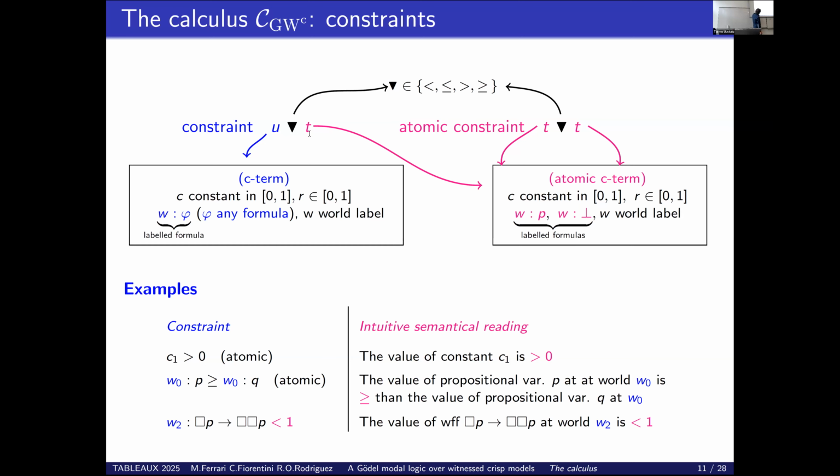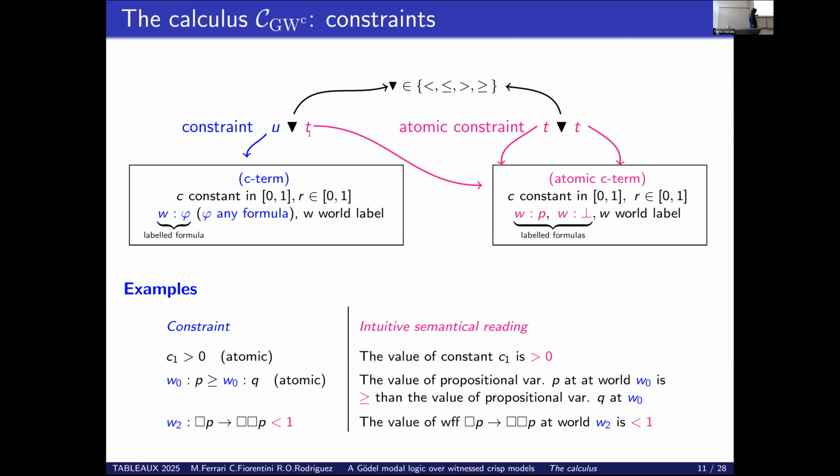Then the semantics of constraints. Let us see the case, for example, of atomic formulas. We have that a constraint like P at W0 is greater or equal to Q at W0 is satisfied if the interpretation of the value of propositional variable P at W0 is greater or equal to the value of propositional variable Q at W0. This is the example of a complex formula.